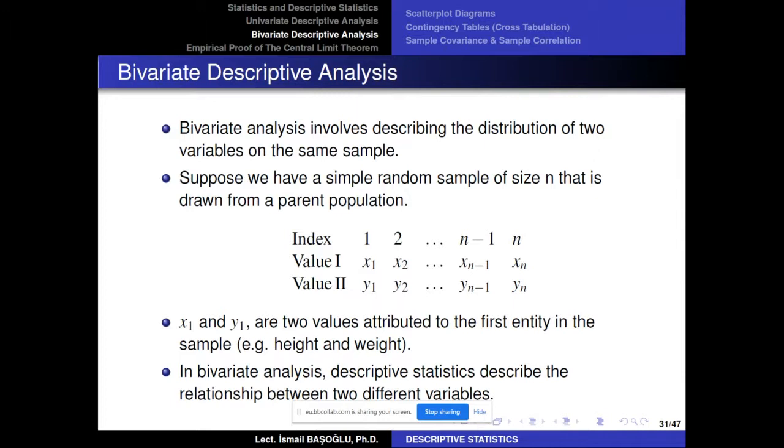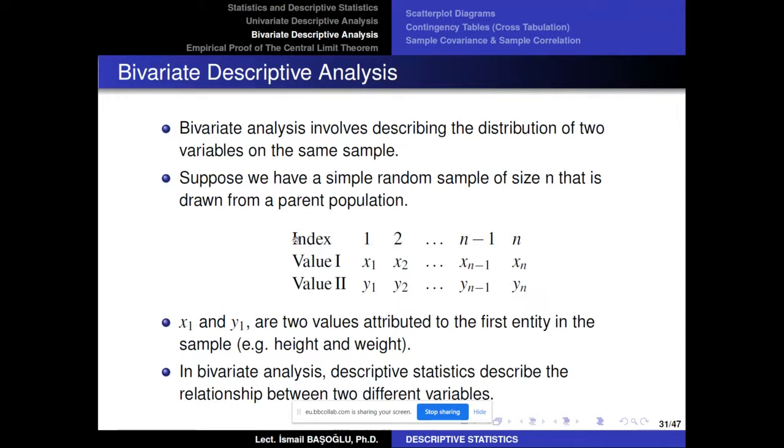If such sample data is to be analyzed, we need to use bivariate descriptive analysis methods, because our objective here should be discovering the relationship between the first variable and the second variable. It is possible that, because these two variables are observed on the same member of the sample, they may be dependent on each other.